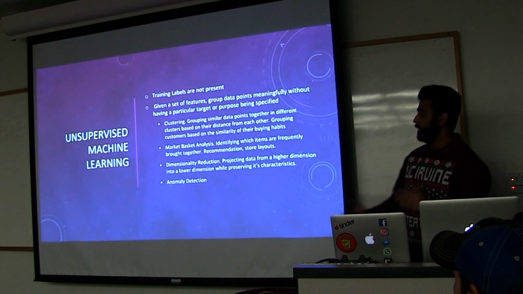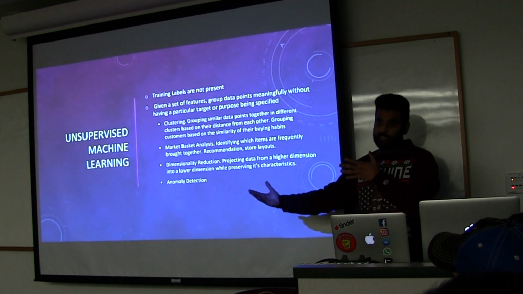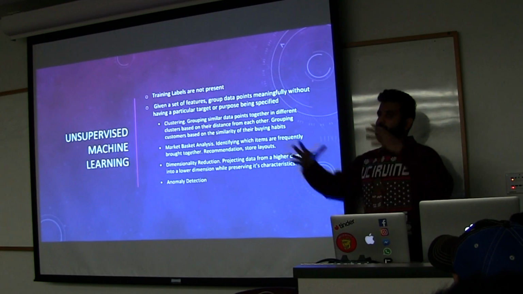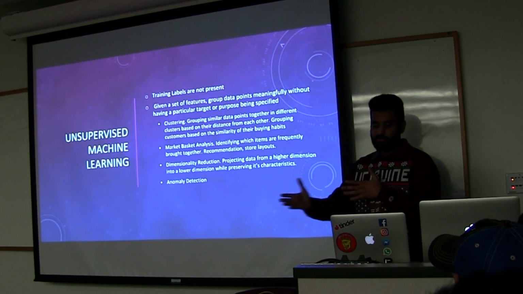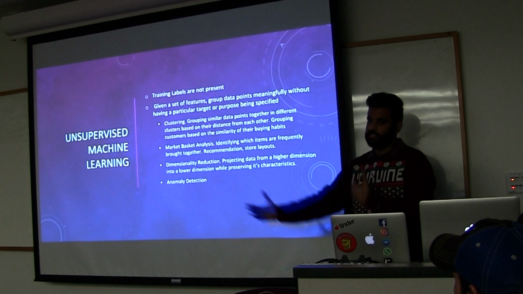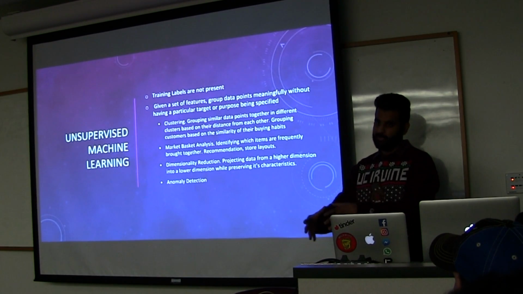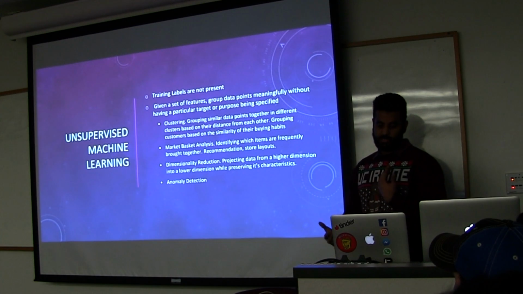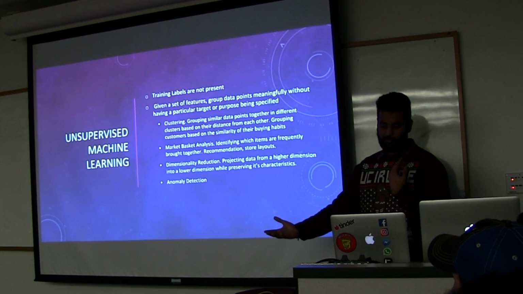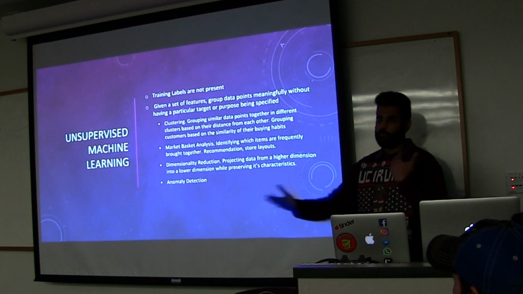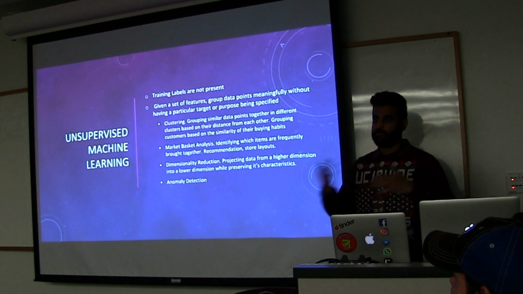The other side of this is unsupervised machine learning, where you don't have the class. There's no cat or dog. You just have some data and you want to cluster or group them meaningfully. You don't know what they are, and it doesn't matter what you call the groups, you just want to put similar things in one bin. One way you do that is clustering. Let's say you have a business and you want to group your customers because you want to give specific attention to similar customers.